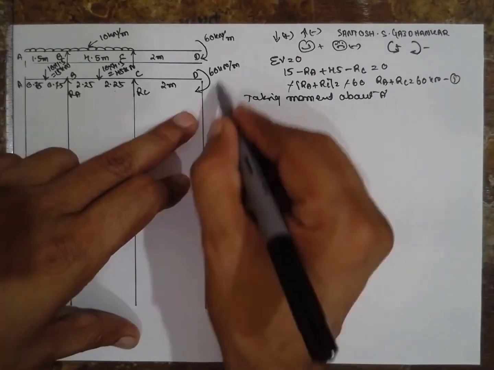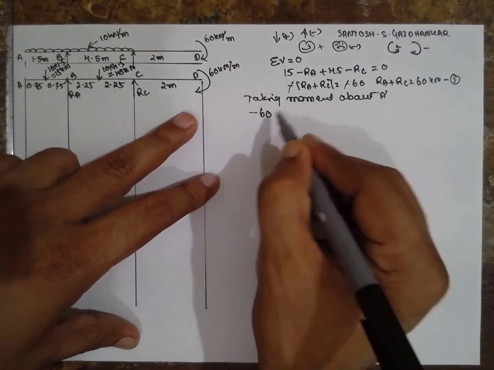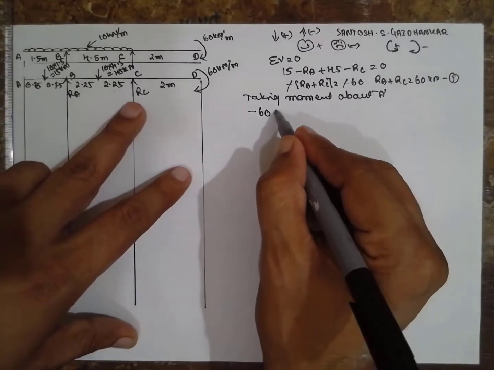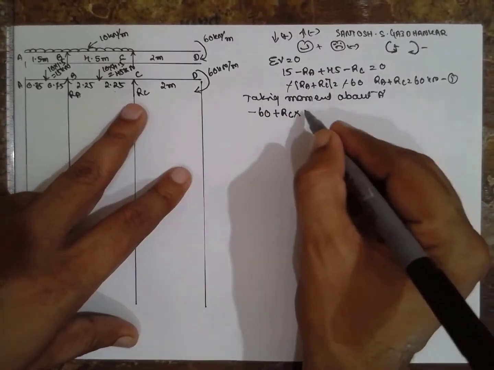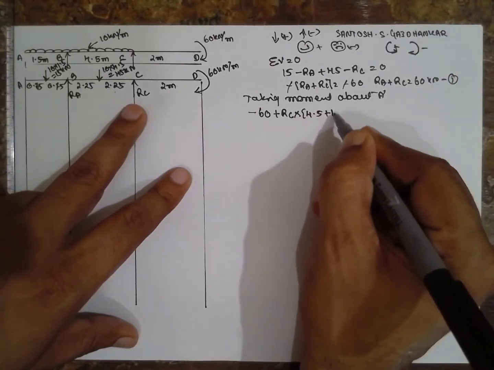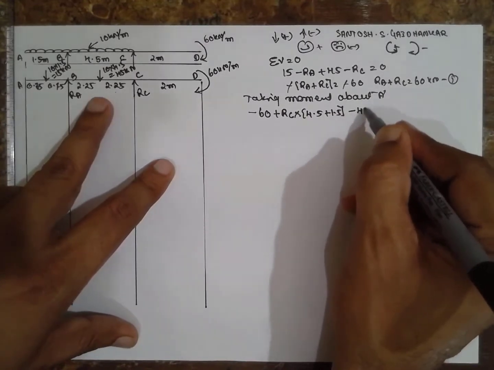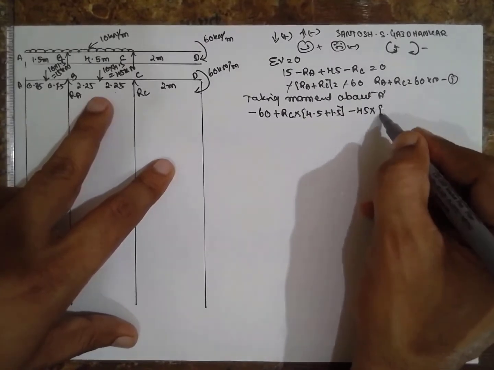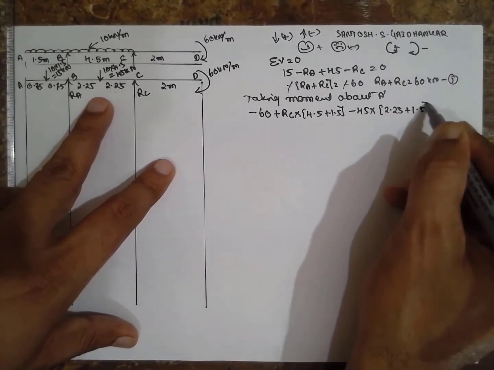That means the couple comes into the picture. Anti-clockwise minus 60 plus RC into distance, the distance will be 4.5 plus 1.5. Next, minus 45 into distance, 2.25 plus 1.5.